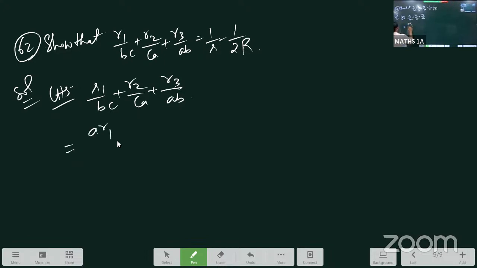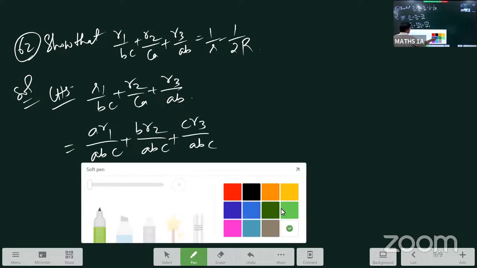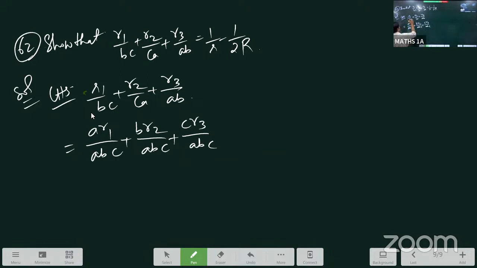That is AR1 by ABC, BR2 by ABC, CR3 by ABC. In this case you multiply and divide with A, in this case multiply and divide with B, in this case you multiply and divide with C. That only I did in the next step. Now, 1 by ABC.